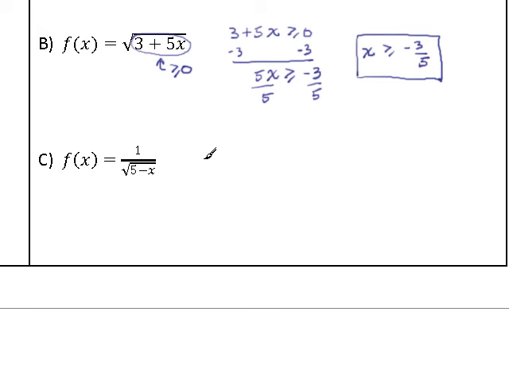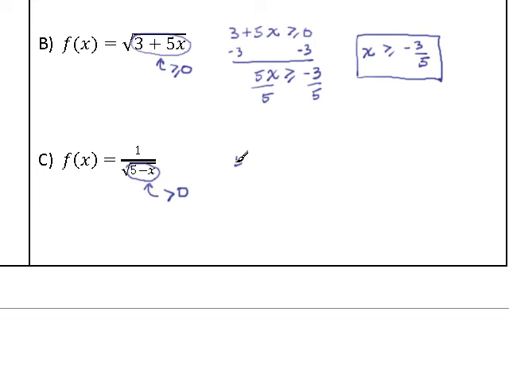And in part C, we have a square root and we also have a denominator. So we require that what's underneath the square root be greater than 0, not greater than or equal to, but greater than 0, because we don't want to take the square root of a negative, and we don't want the denominator to be equal to 0, so we remove the 0 as well. So if we have a square root in the denominator, just require that it be greater than 0.